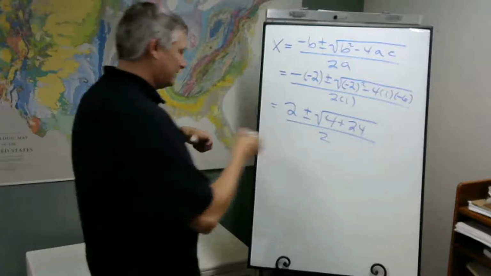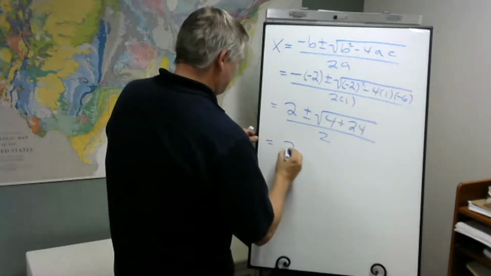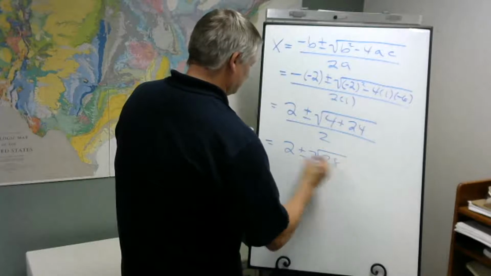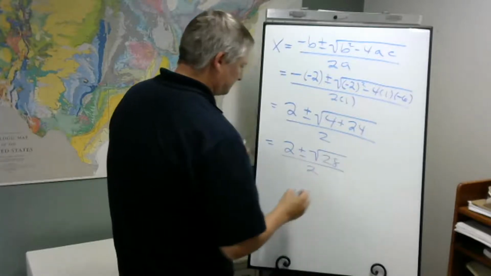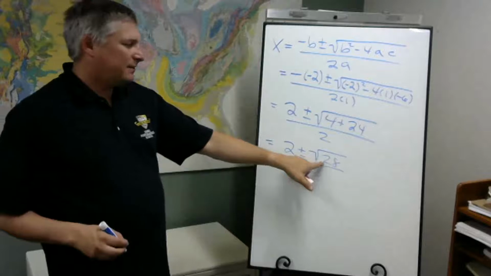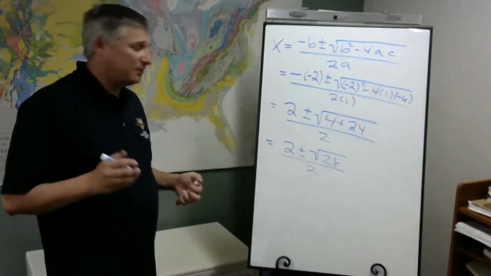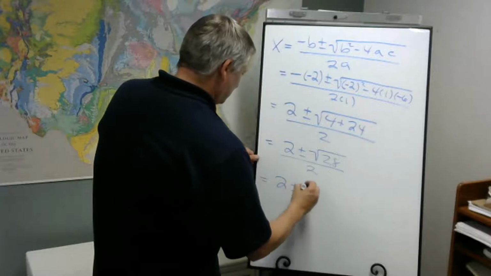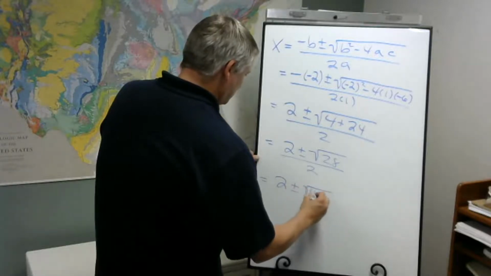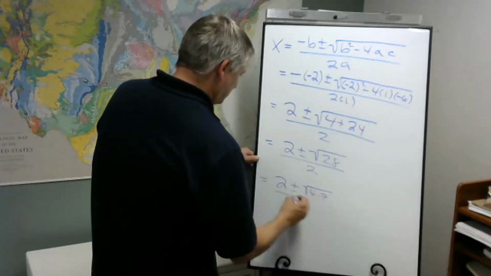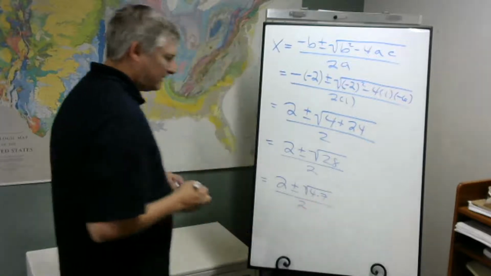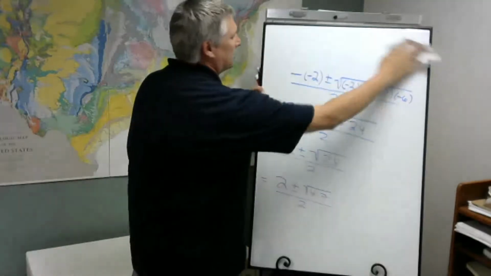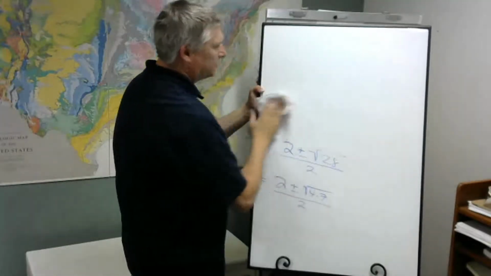So what this becomes, and we can break this down. 28 is 4 times 7. And maybe it's been a while since you've seen this, but there's a rule that goes like this for square roots.